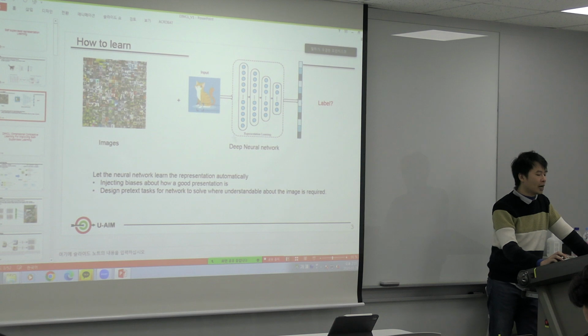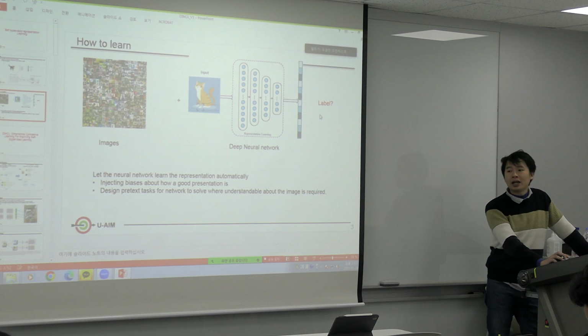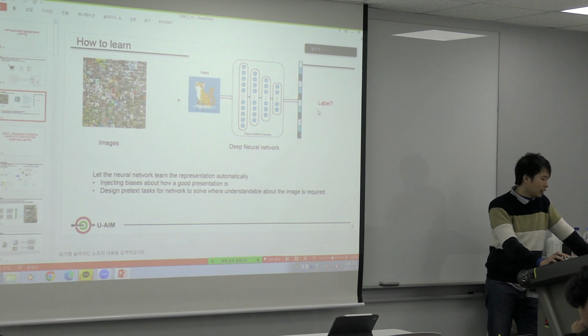This is modeled by a deep neural network to output a representation vector. But usually, we have to have a label for the latent or representation vector. But in self-supervised learning, we don't have labels, right? So how can we let the neural network learn the representation automatically without the need of labels?